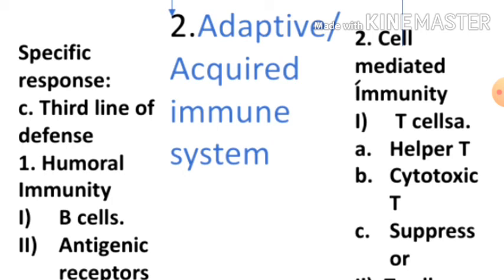Now, when the first line of defense and the second line of defense fail, the adaptive or acquired immune system comes into action. Just like our army protects our borders and forms our first line of defense, the second line of defense are our policemen and rangers.